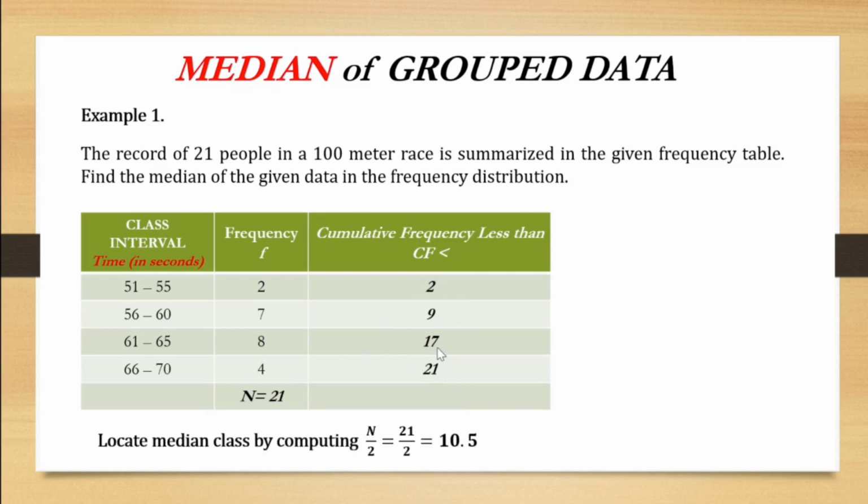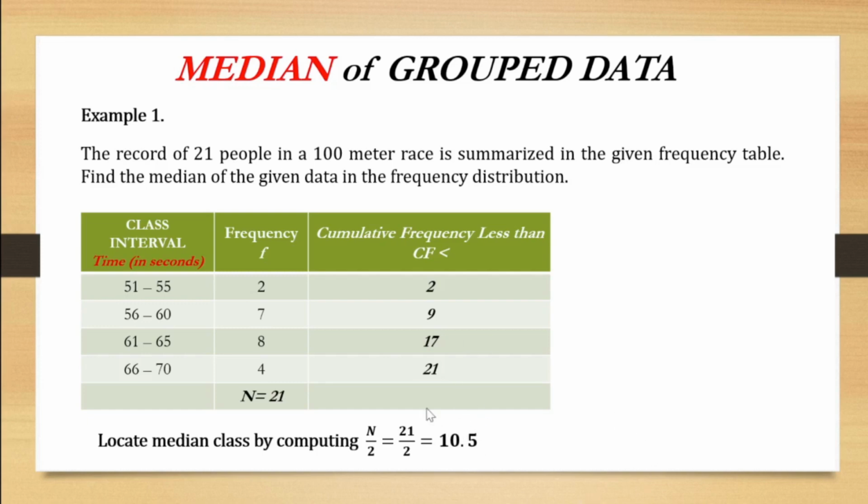Okay, next, after completing the column for the frequency less than, we compute n over 2 to identify the median class in the table. Since our n is 21, we have 21 divided by 2, which is 10.5.